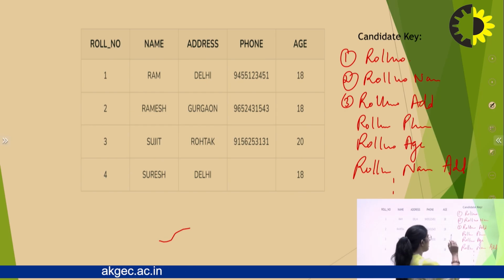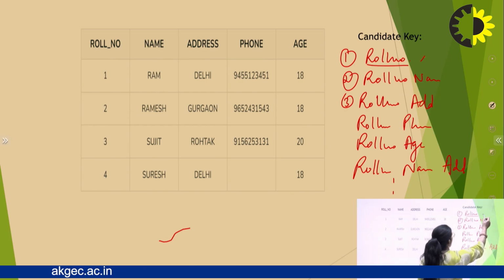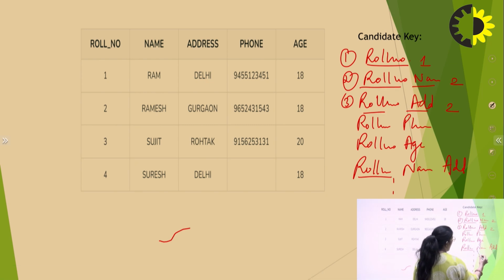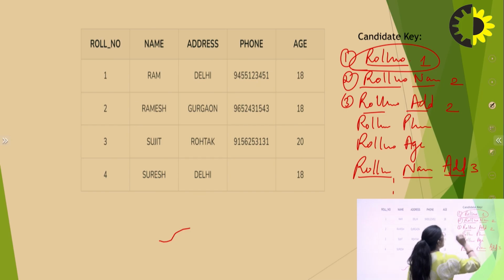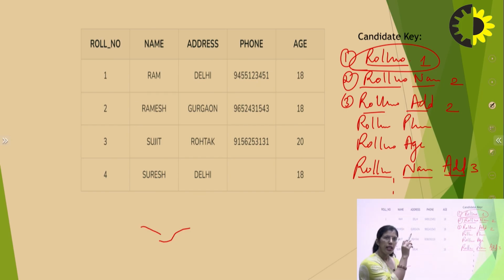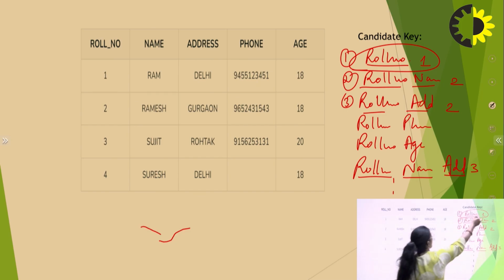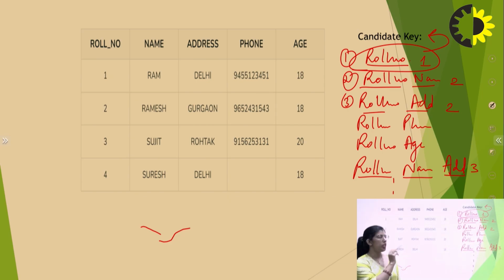What does it mean? It means here we have one attribute, here two attributes, same two attributes, here we have three attributes. So the minimal super key having one attribute can be the candidate key for this particular relation.